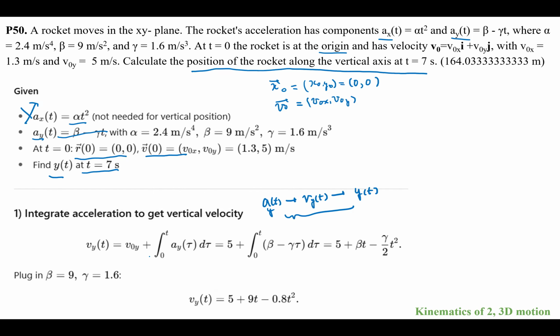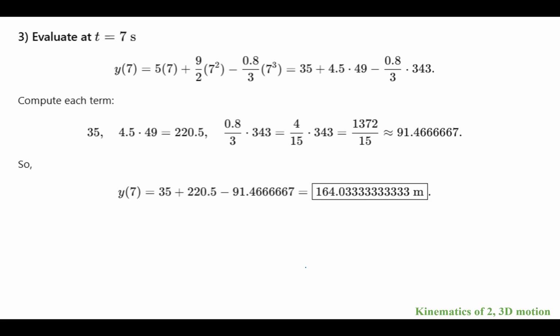So vy(t) is given by the integration of ay with the initial y velocity. And then we get this formula. And then if you just plug in the beta and gamma, we get these equations.